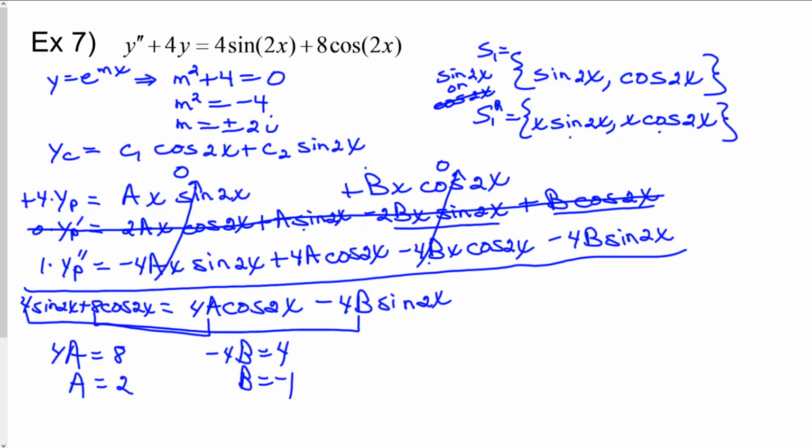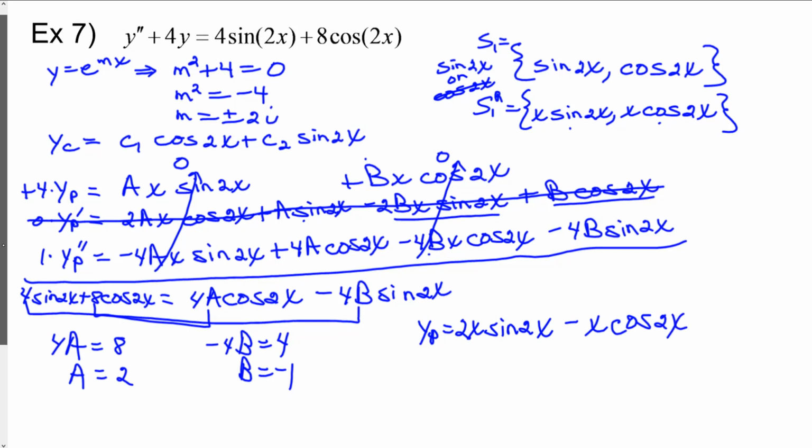Okay, so remembering the form of y sub p was a times x sine 2x. We're going to have first the 2x sine 2x term, and then plus b times x cosine 2x will be minus x cosine 2x.